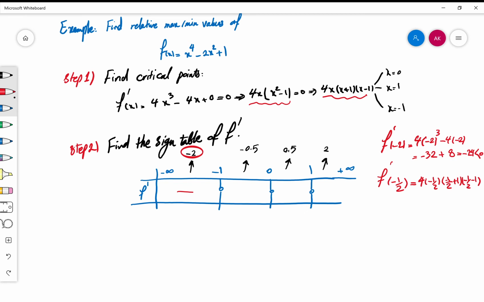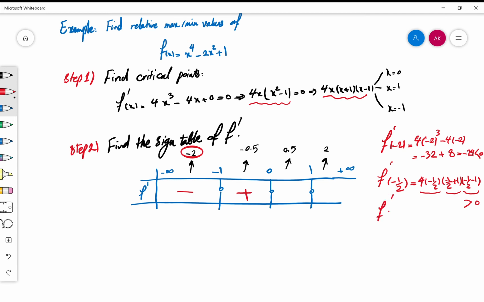What is important here is that this is a negative number, this is a positive number, this is a negative number. So there are two negative signs, you multiply, you get a positive sign. So this will be positive.